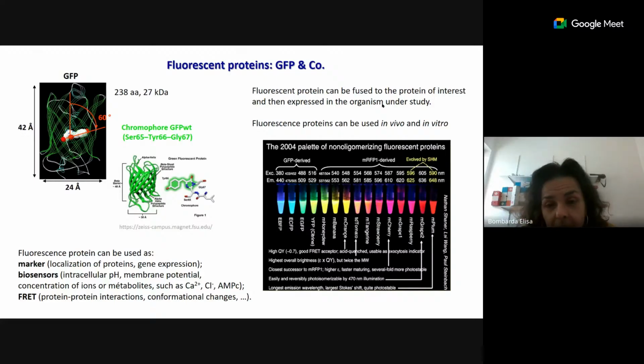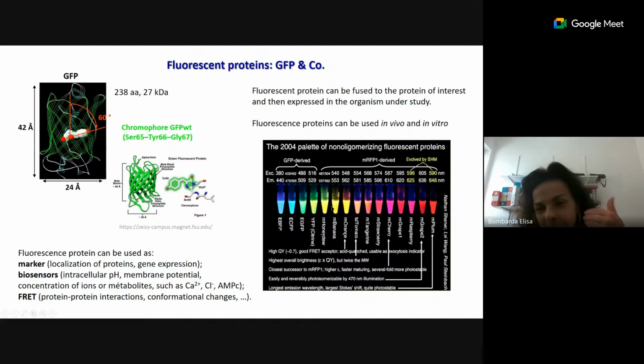And since it has quite some advantages and many applications, after the discovery of GFP there were a lot of studies to modify it with mutants. So there are several mutants of it in order to change the color of its fluorescence. And here you have the example.